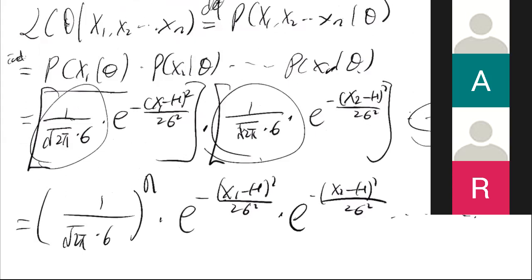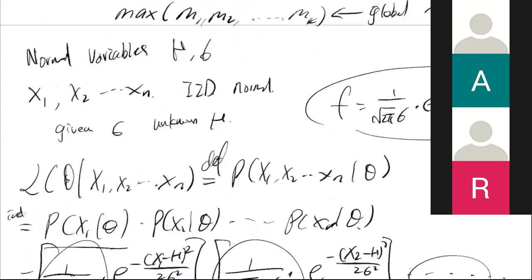And remember, what we have here is that we are given sigma and mu is unknown. And x1 to xn are always given because they are specific measurements.